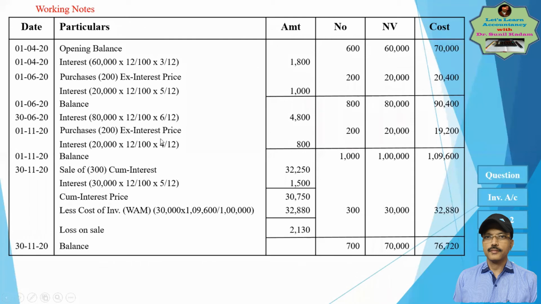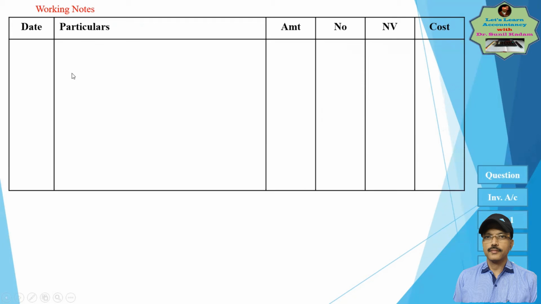We have finished this slide. I will use the next slide for calculating the working note, so this closing balance I need to carry forward there. In working note number 2, the balancing figure on 30th 11: balances are 700 numbers, 70,000 nominal value, and the cost is 76,720.